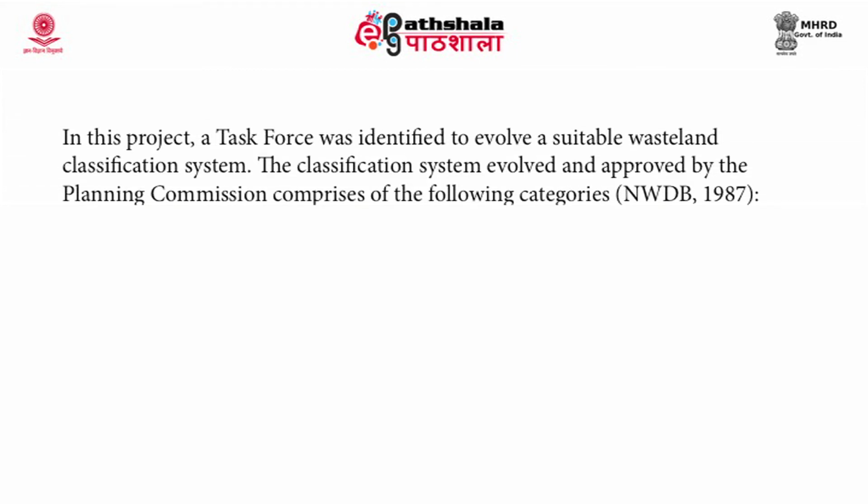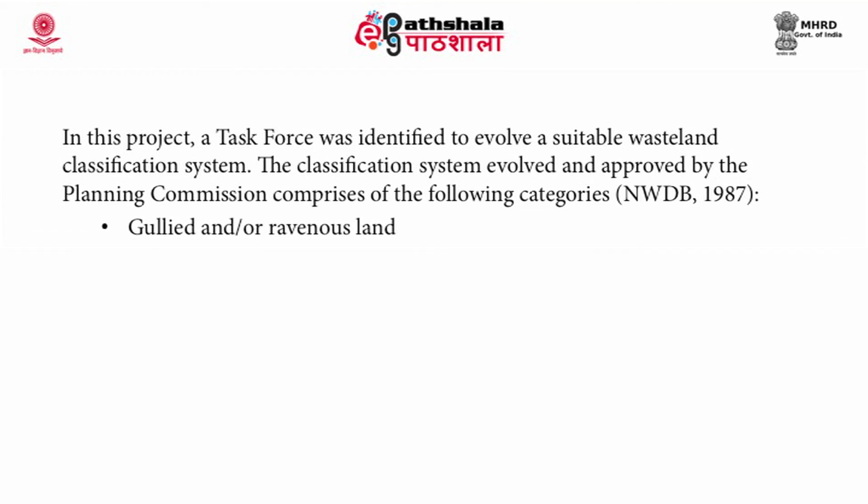In this project, a task force was identified to evolve a suitable wasteland classification system. In this, 13 classes were identified that were approved by the Planning Commission, and they comprise the following categories.